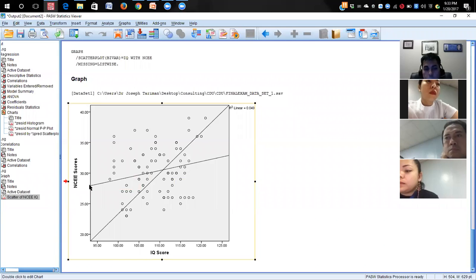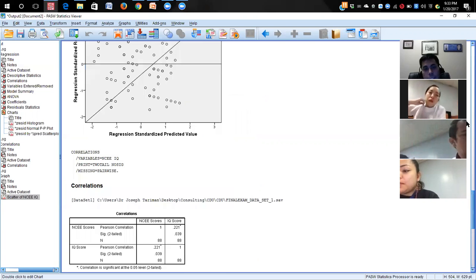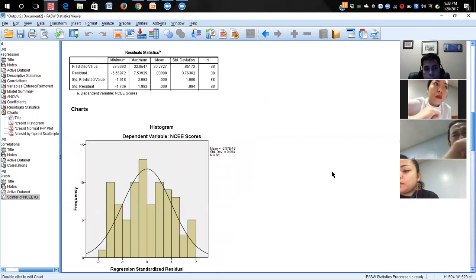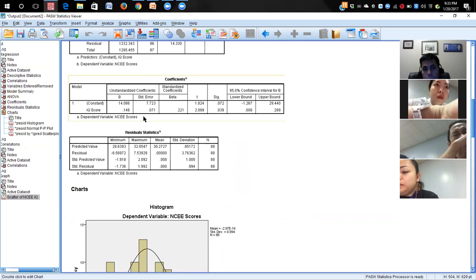If this were so steep, if the line is somewhere right here, if I draw a line right here, if the data would have been around here, so it's a very steep, very deep slope, what that tells you is that the value of the unstandardized coefficient of the independent variable would have been very high, because it has more predictive power.